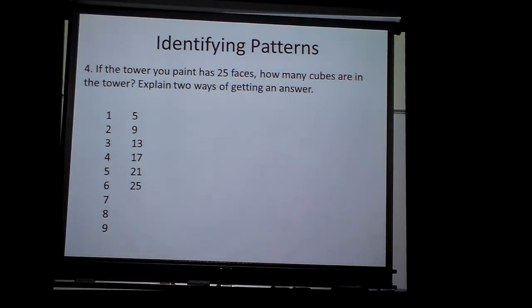Or think of it this way: I was taking 4 times a number and adding 1. So if I have to end up with 25, instead of adding 1, let's subtract 1. It makes 24. And seeing how I was taking 4 times a number to get to 24, what times 4 makes 24? Well, if I take 24 and divide by 4, I get 6. That's another way to find the number of blocks.